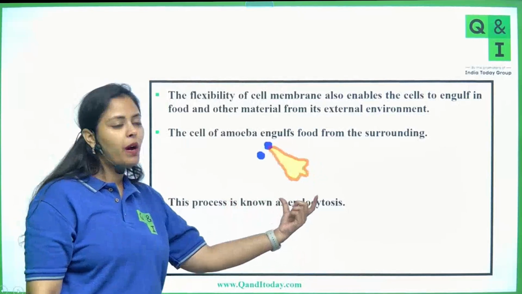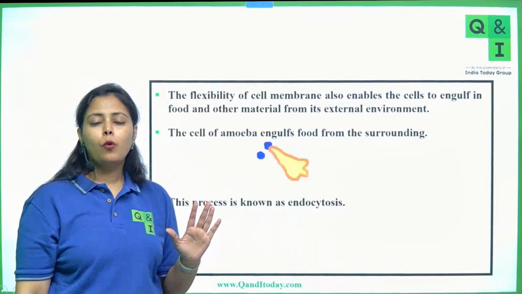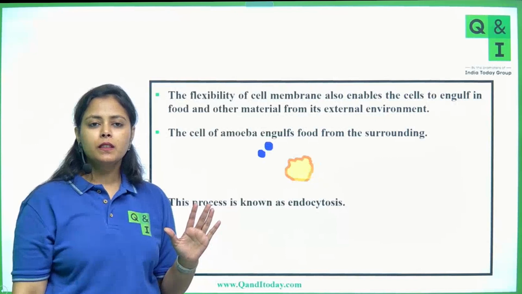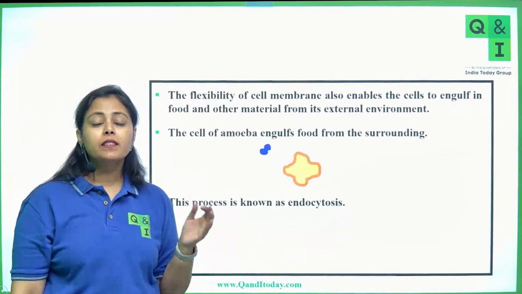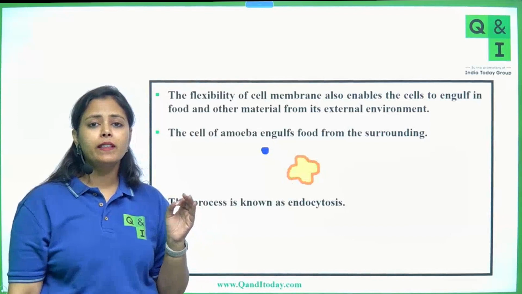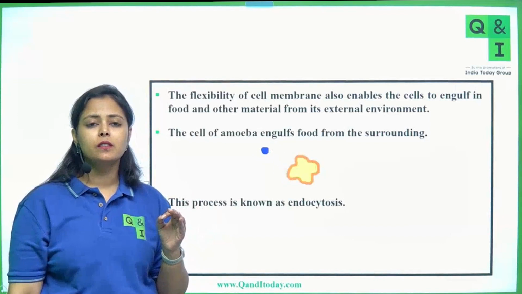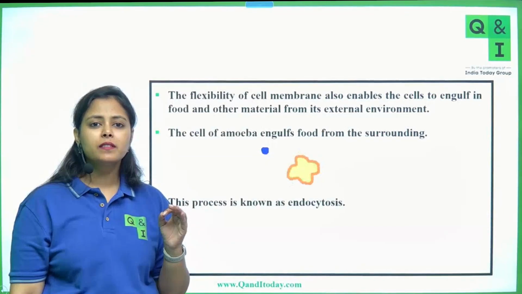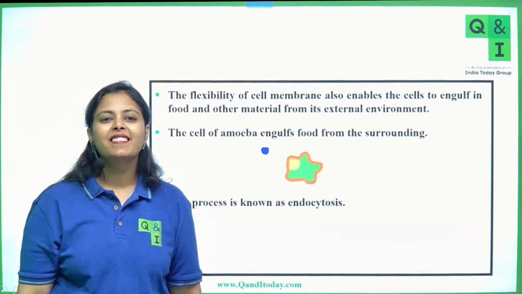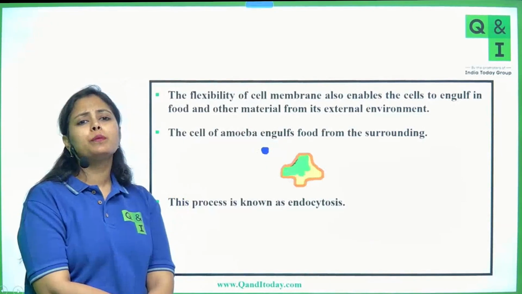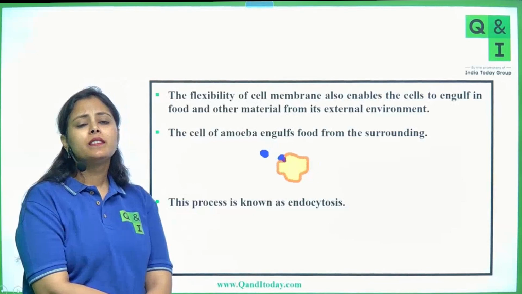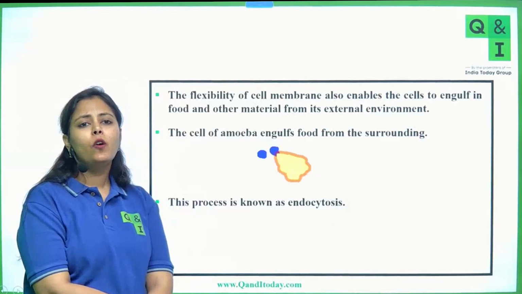Example is amoeba. Clear? What is endocytosis? Students, answer, everyone. This is all written down in your NCERT. What is endocytosis? What is exocytosis? Clear? Everyone, respond. Just quickly show me a thumbs up. Okay.